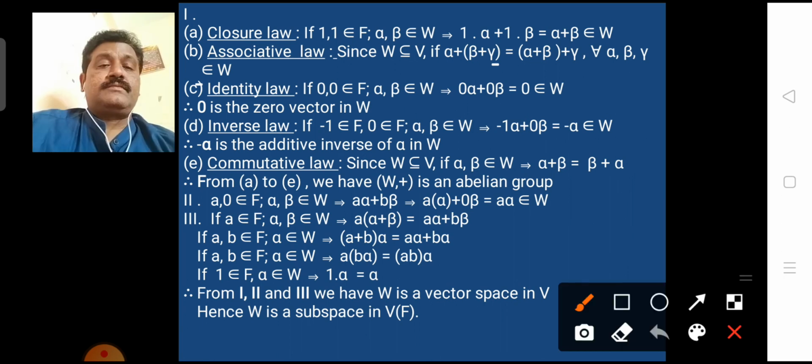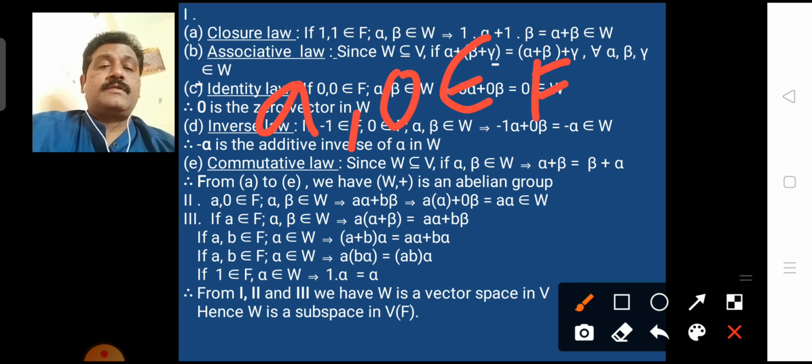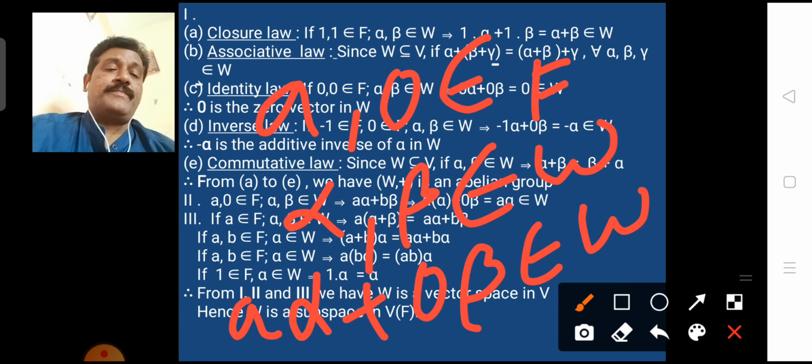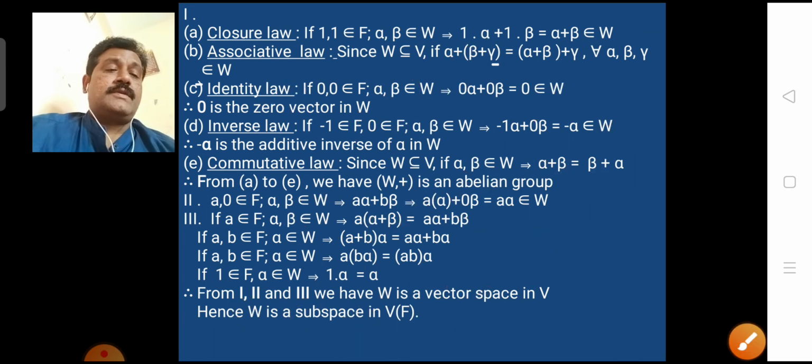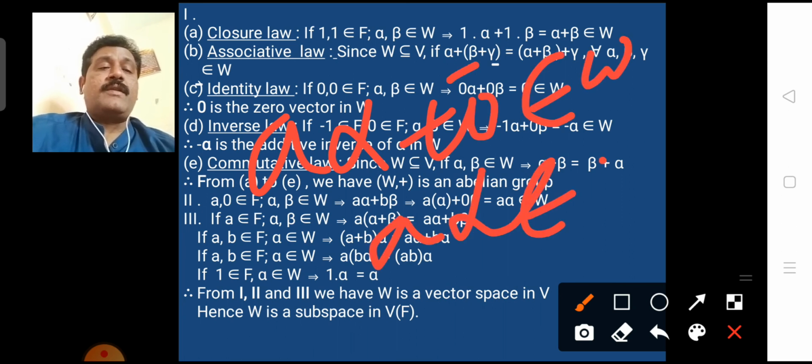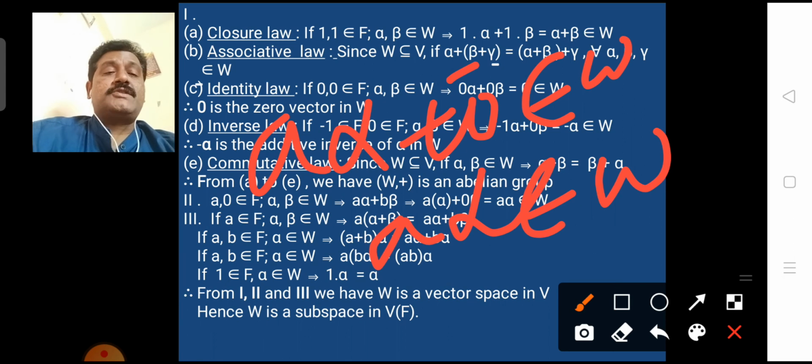If we take A, 0 belonging to F and alpha, beta belonging to W, by using the given condition A alpha plus 0 beta belongs to W, that is, A alpha plus 0 bar belongs to W, so A alpha belongs to W. Hence W is closed under scalar multiplication.